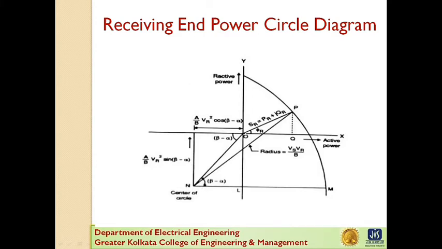Okay, now making center at this point, draw a circle whose radius is Vs Vr by B. So we get the receiving end power circle diagram. Now this is the value of active power and this is the value of reactive power.